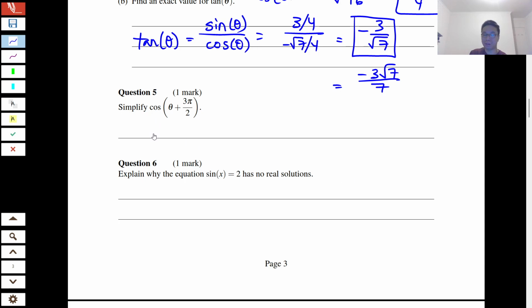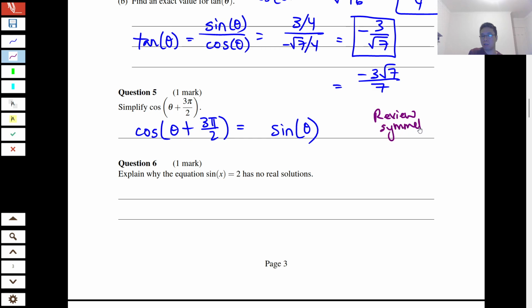We established that cosine is positive in the fourth quadrant, so the cosine will change to a sine, and it's going to be positive. So it's just sine theta. If you're not sure how I got this, you need to review symmetry properties, if you are rusty on this.